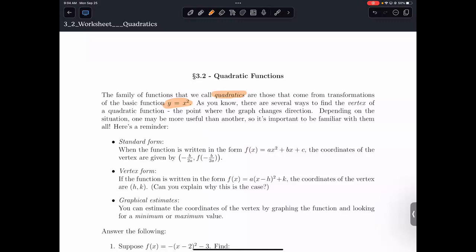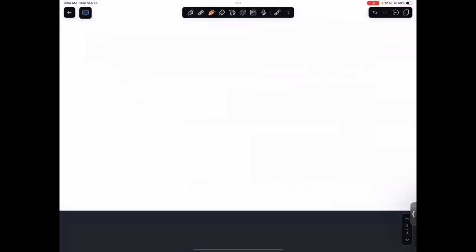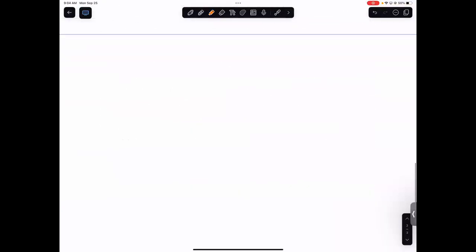A little bit of new terminology. That point's called the vertex. Let me draw this somewhere here.